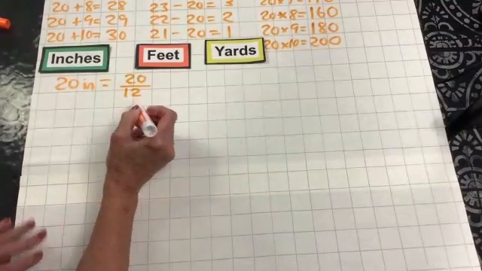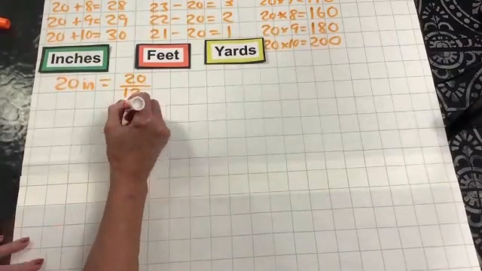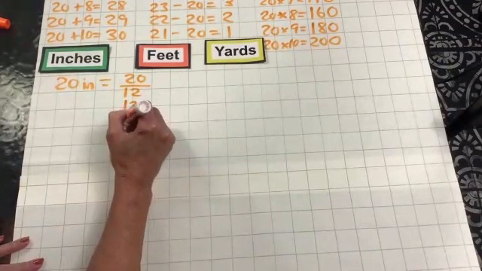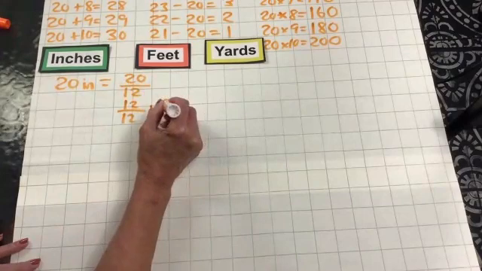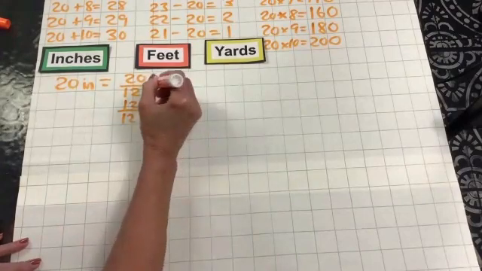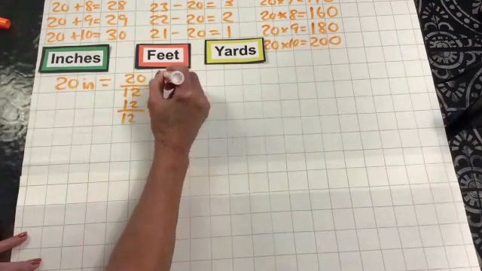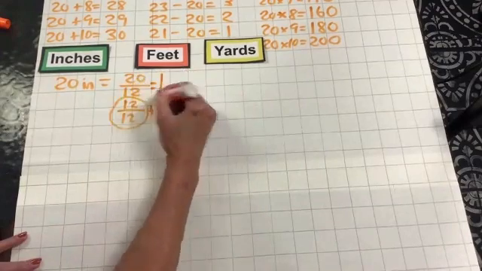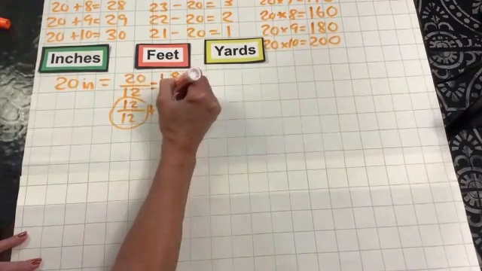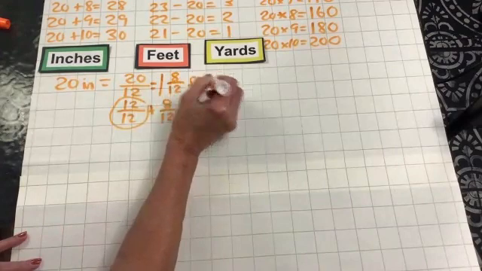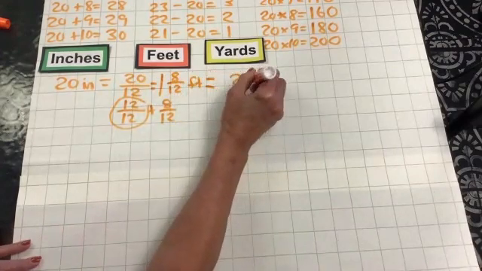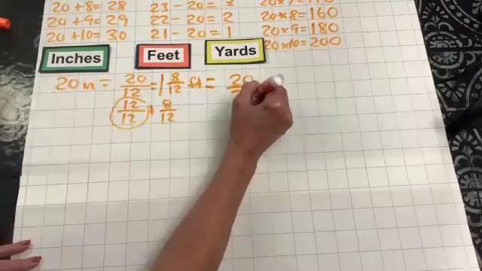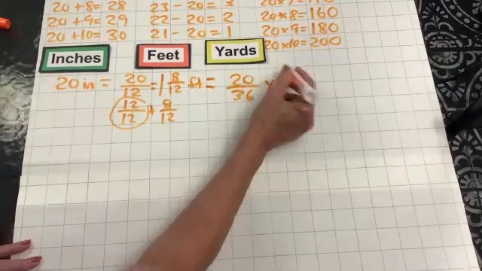Takes 12 inches to make a foot. So we're going to break that apart. 12 over 12 plus, if we take 12 away from 20, we get 8. So basically 12 inches is 1 whole foot. That's that 1 whole and 8/12. 1 8/12 of a foot. And so then we come over here and we got 20 out of 36 yard.